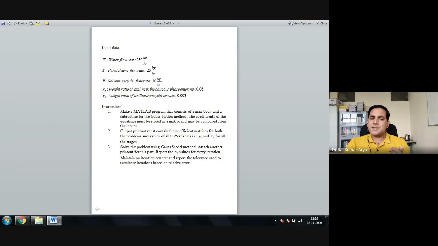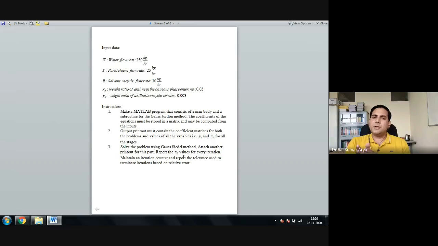The output printout must contain the coefficient matrix and the solved values of yi and xi for all the stages. So at all stages you have to calculate yi and xi, meaning the equilibrium composition leaving that particular plate. Solve the same thing by Gauss-Seidel, with another printout, and also report the number of iterations. So you can solve it by two methods.